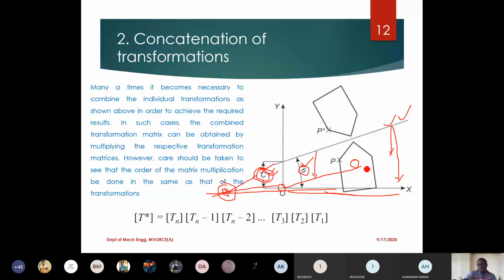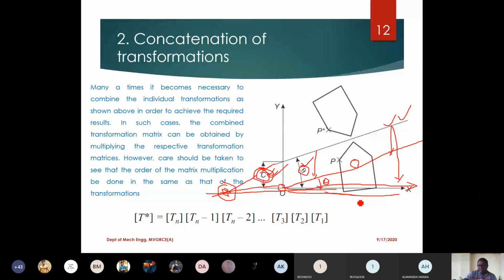So that is my first transformation. Correspondingly, along with the straight line, the original object also transforms the same way, with whatever operations I told you.